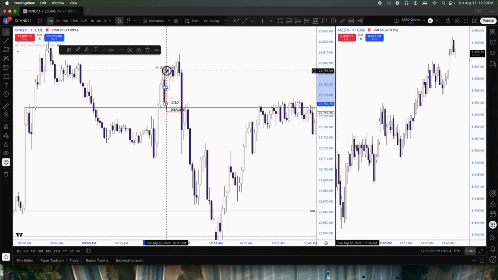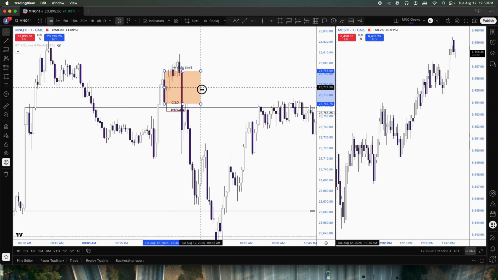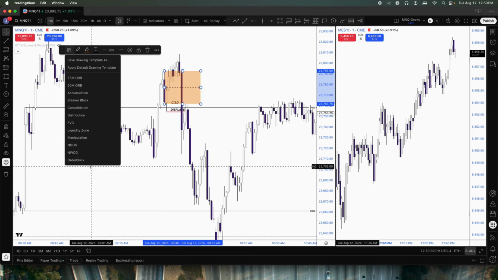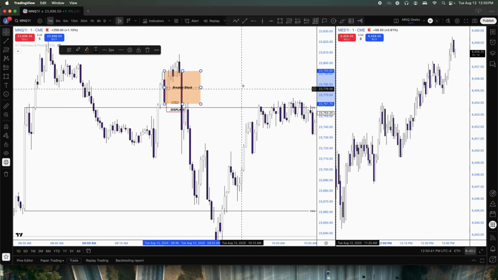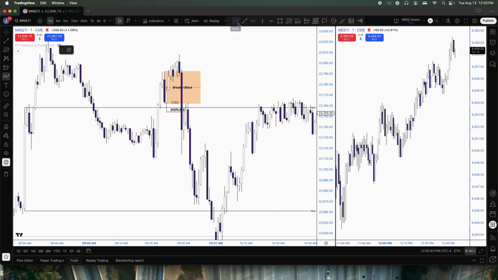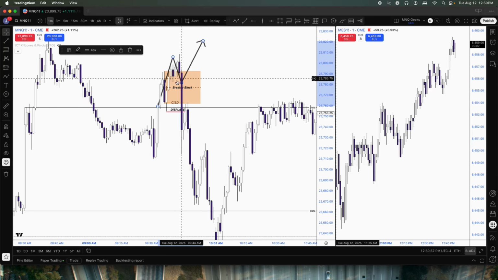This down close candle I perceived as a bearish breaker block. So again, with breaker blocks, because I get a lot of questions on what breaker blocks are, I perceive this to be a breaker block because it would be an order block if price was to go up, come back down, and continue upwards.